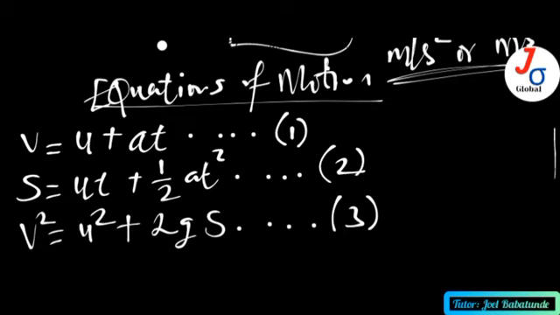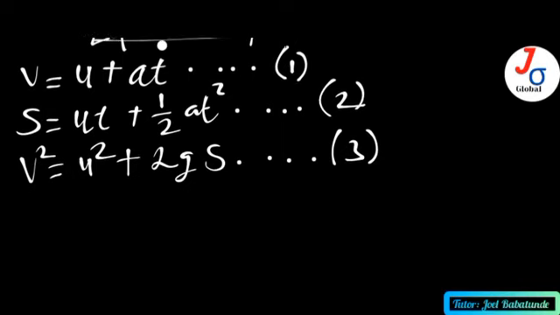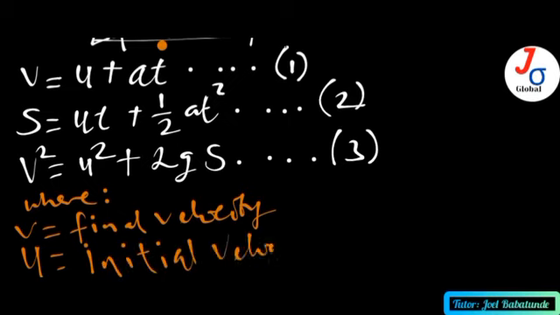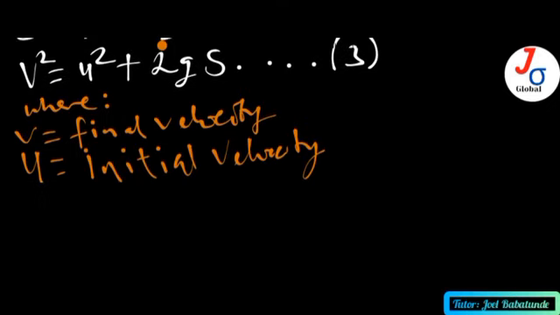Let me just give you what they are. Okay, so V equals final velocity. U equals initial velocity. Then what other parameters do we have there?